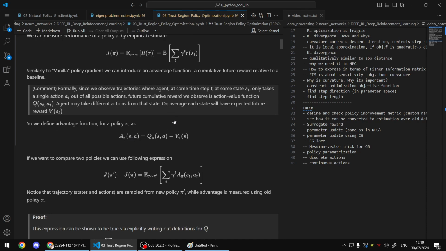We can define something akin to the baseline, which we discussed in the simple or vanilla policy gradient.